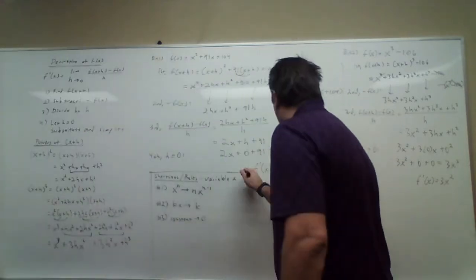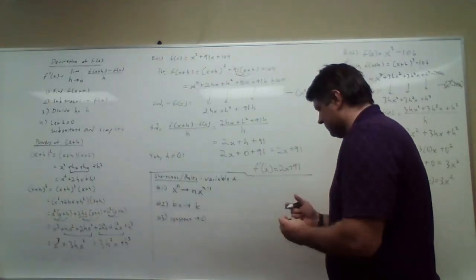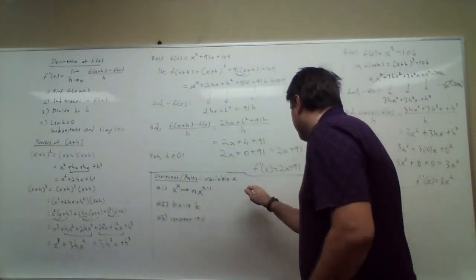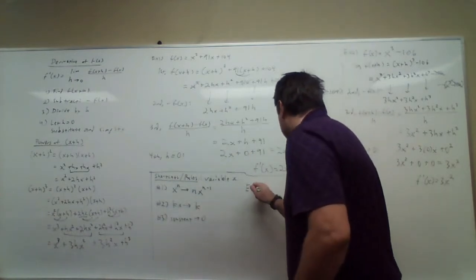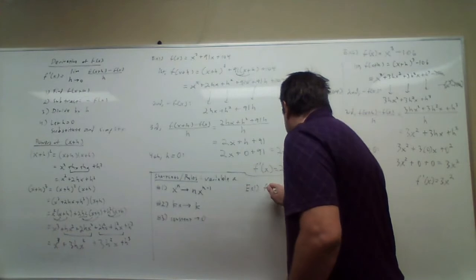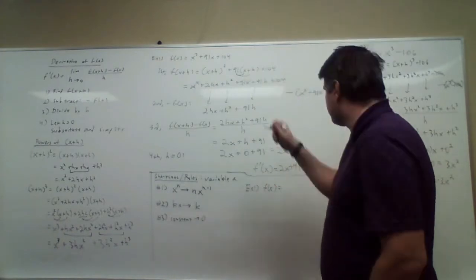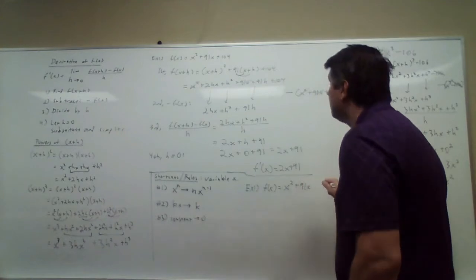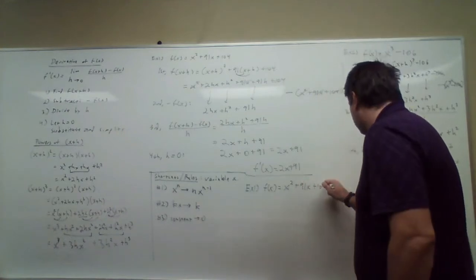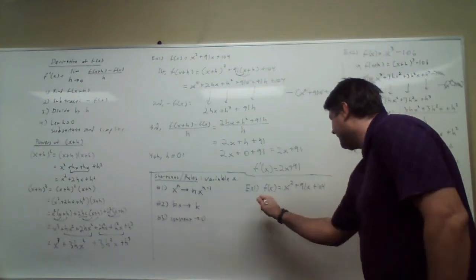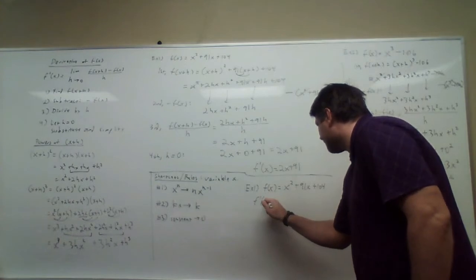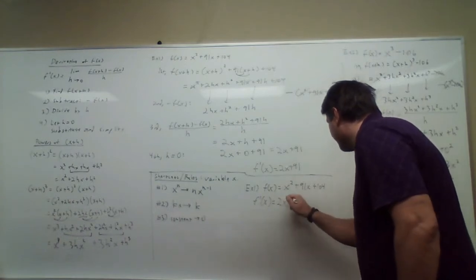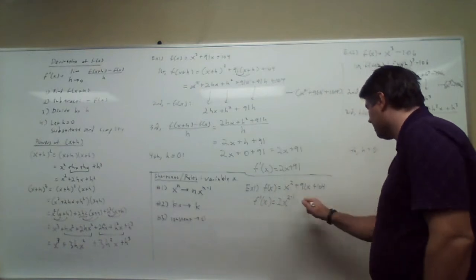So for example 1, f of x equals x squared plus 91x plus 104. Its derivative, f prime of x, would be, you move the 2 out to the front, and you'll have 2x to the 2 minus first power.